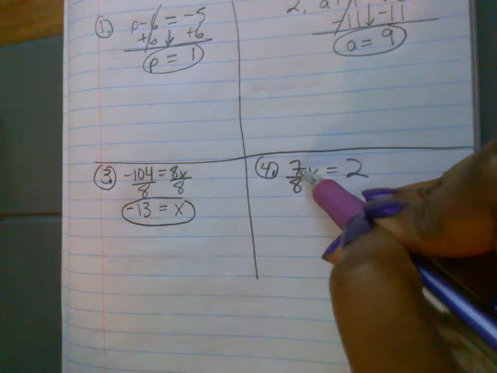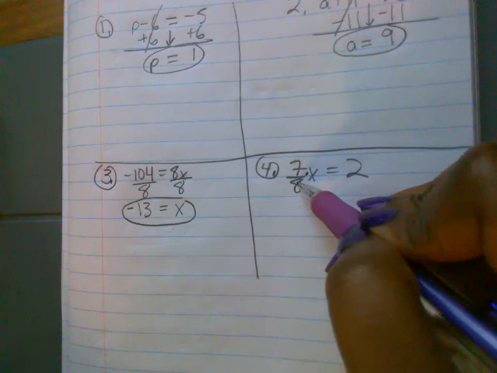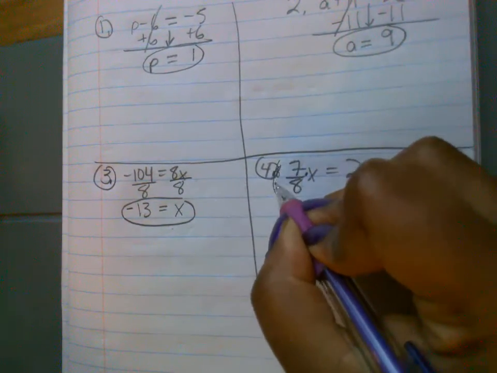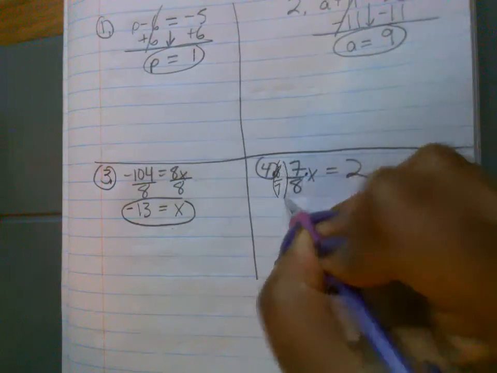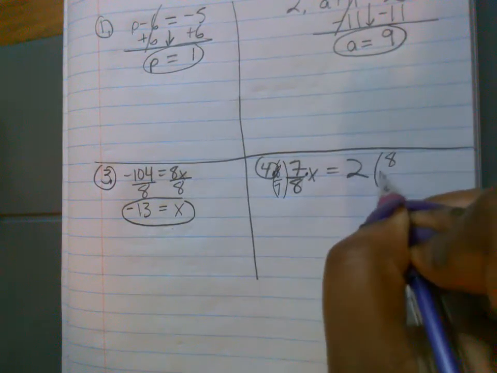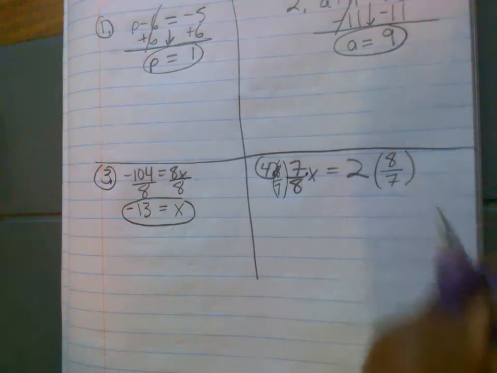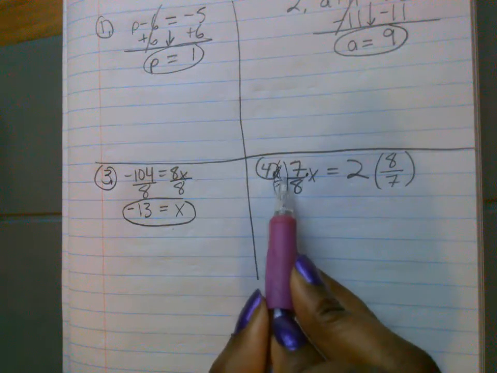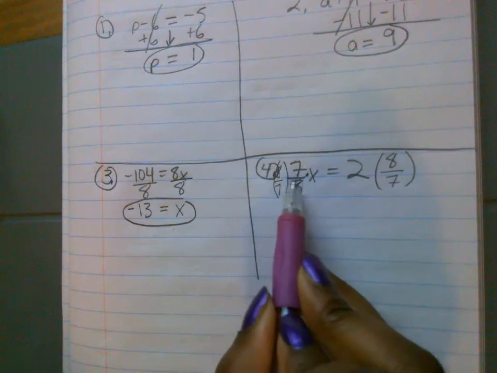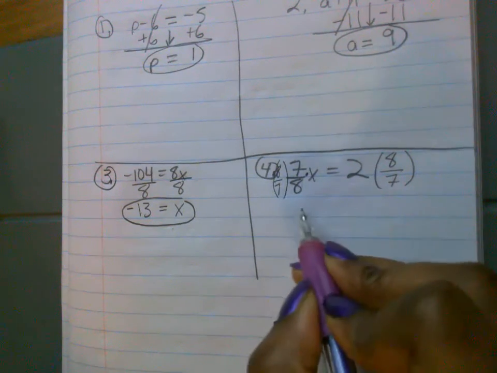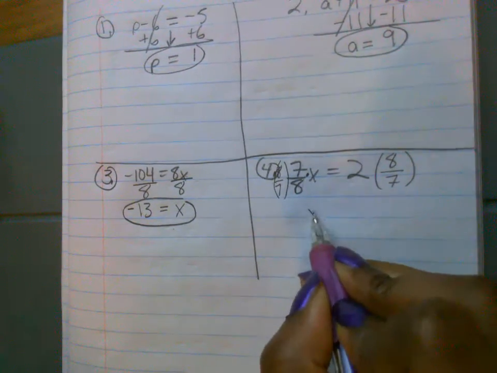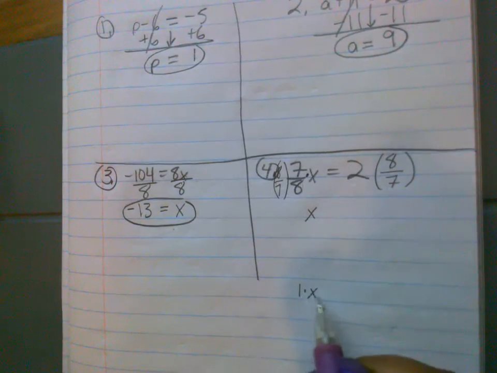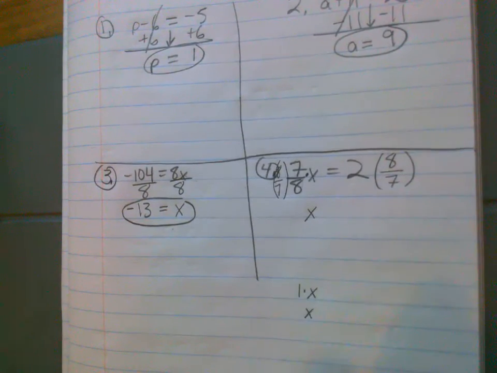The reciprocal of 7 over 8 is 8 over 7. So we're going to multiply both sides by 8 over 7. When I multiply this side by 8 over 7, this gives me 56 over 56, which is 1x or just x. Because remember, 1 times x is equal to x.